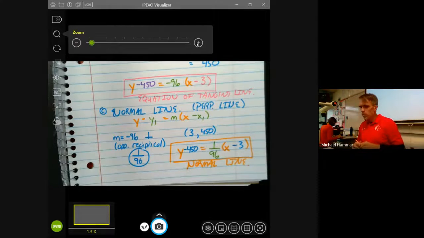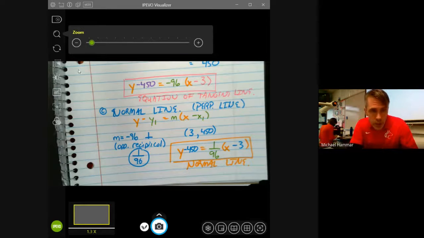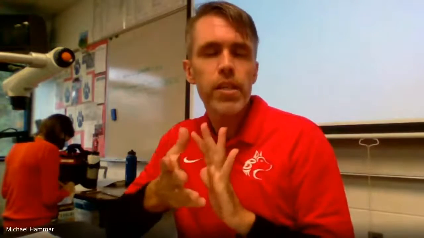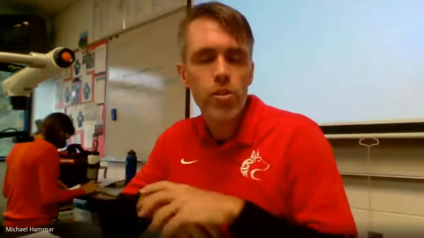So when you're working with these types of things, you have to do a lot of work to find all of those pieces. When you're trying to figure out the equation of normal lines and tangent lines, the first thing you always have to find is the derivative at whatever point that is. So find the derivative and then find the slope.